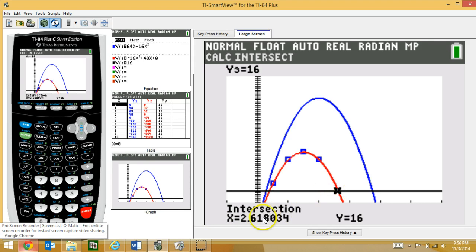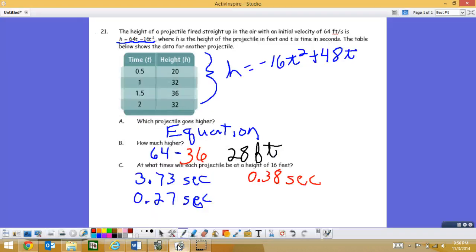And that happens again at 2.62 seconds. So we're going to go back, and that's at 2.62 seconds.